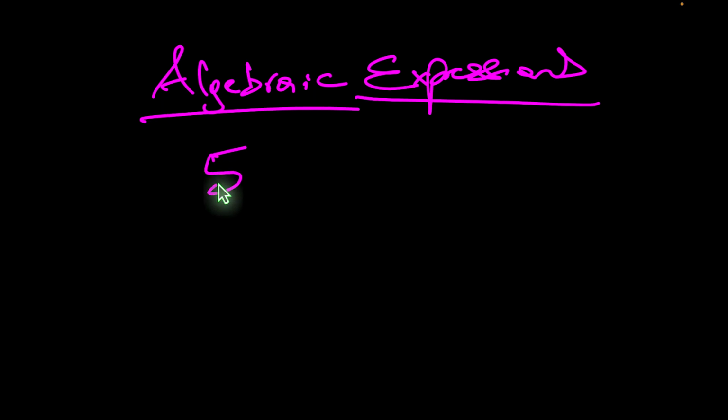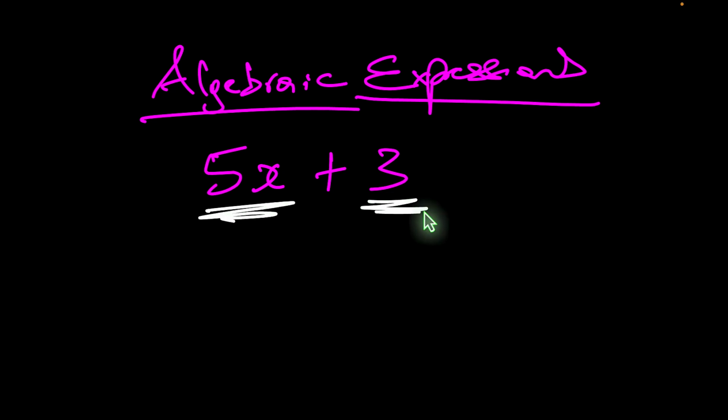Let's say we have 5x and 5x + 3. In this instance, we have a total of two terms. We have 5x as one term and 3 as another term. The terms in this case are just separated with either a plus or a minus.